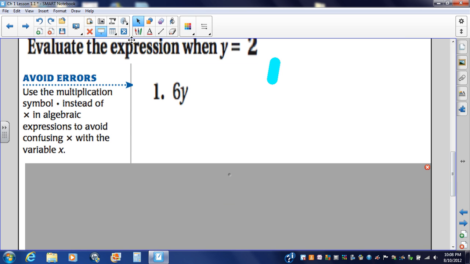So some of us are going to want to write the problem like this, 6 times the letter y. That is really a bad way of writing it because we don't know if this means the letter x or if it means multiplication.